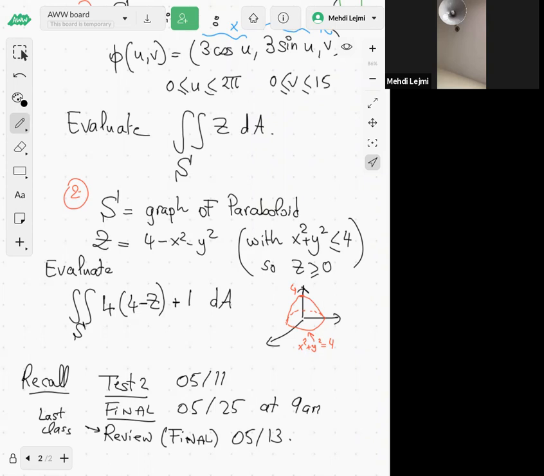In Calc 3, you computed the curvature of a path. So if we have time, we will talk about an application to physics of this parameterization of surfaces, and that will be the curvature of surfaces.